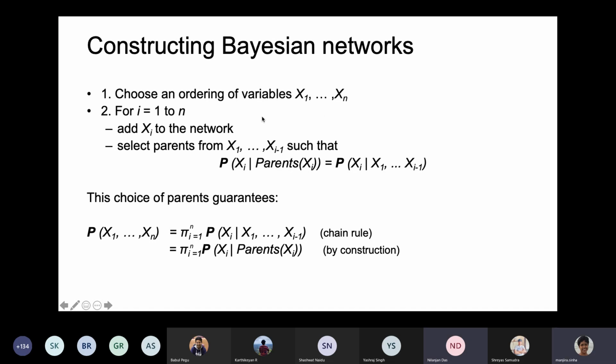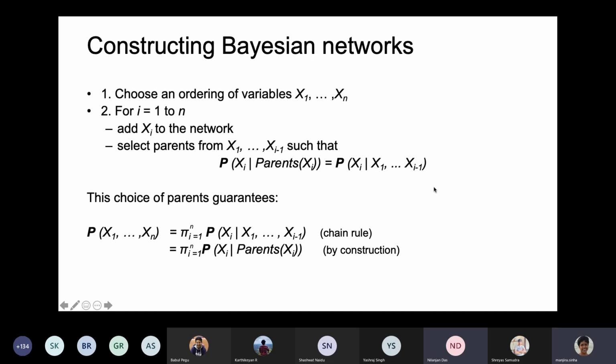Now iterate from i equals 1 to n, add xi to the network and select parents from x1 to xi minus 1 such that probability of xi given parents of xi equals probability of xi given x1 to xi minus 1.